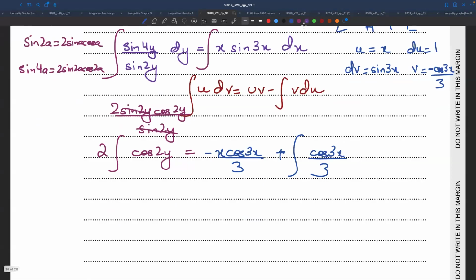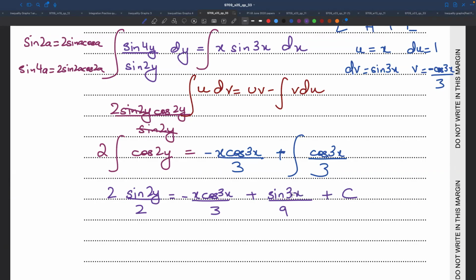Integrating cos of 2y, the integral of cos is sine. So sine of 2y upon 2, and this 2 remains over here, is equal to minus x cos of 3x upon 3. The integral of cos 3x will be sine 3x upon 3. So this will become upon 3 times 3, that is 9, plus c.